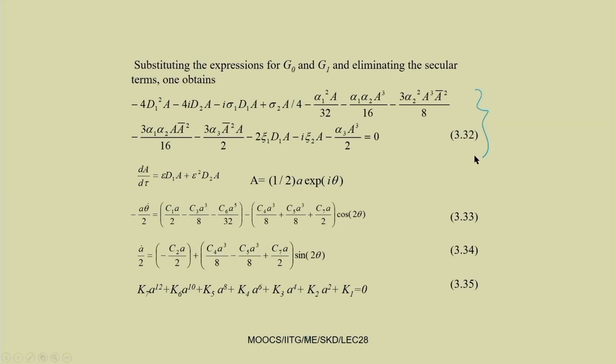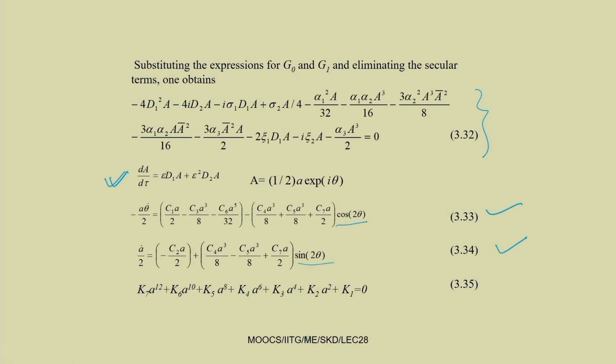Now, just note this part. Here we are taking dA by d tau equal to epsilon d 1 a plus epsilon square d 2 a, and taking a equal to half a e to the power i theta and separating the real and imaginary parts. So, we have these two equations, in which cos 2 theta and sin 2 theta terms are there.